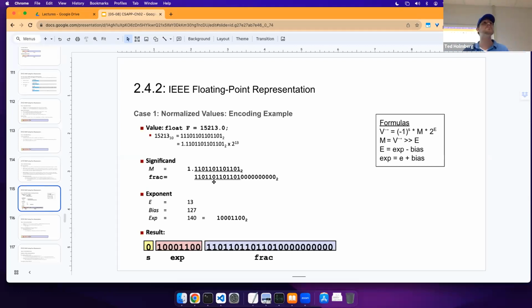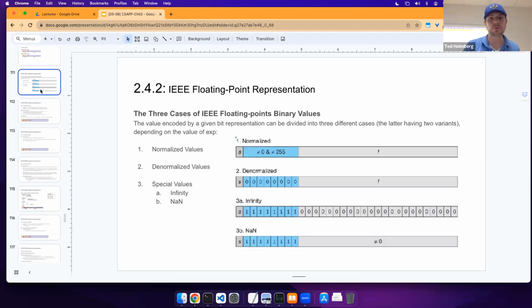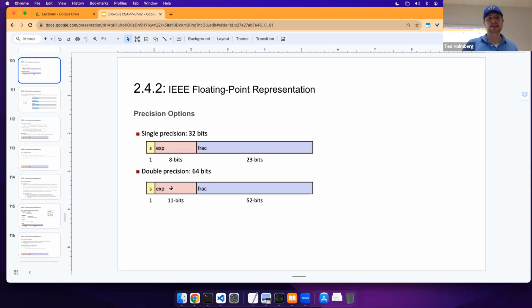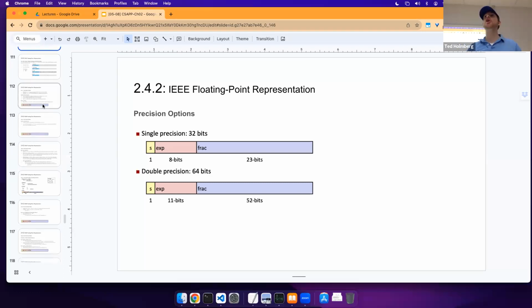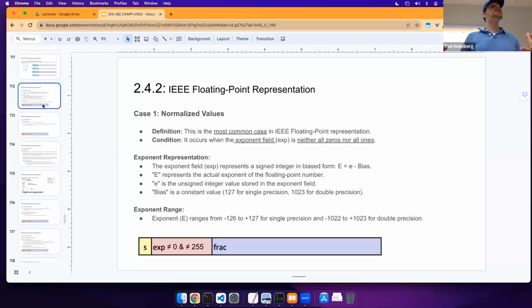So this is a 32-bit value, and the exponent field inside of here is 8 bits. What's the max value you can have for 8 bits? That's right, there's 256 encodable digits for 2 to the power of 8.